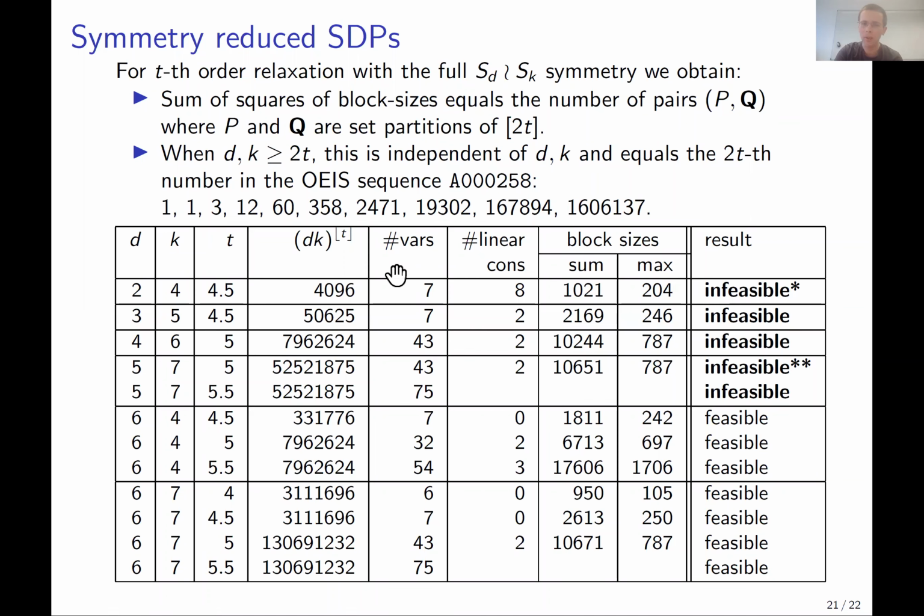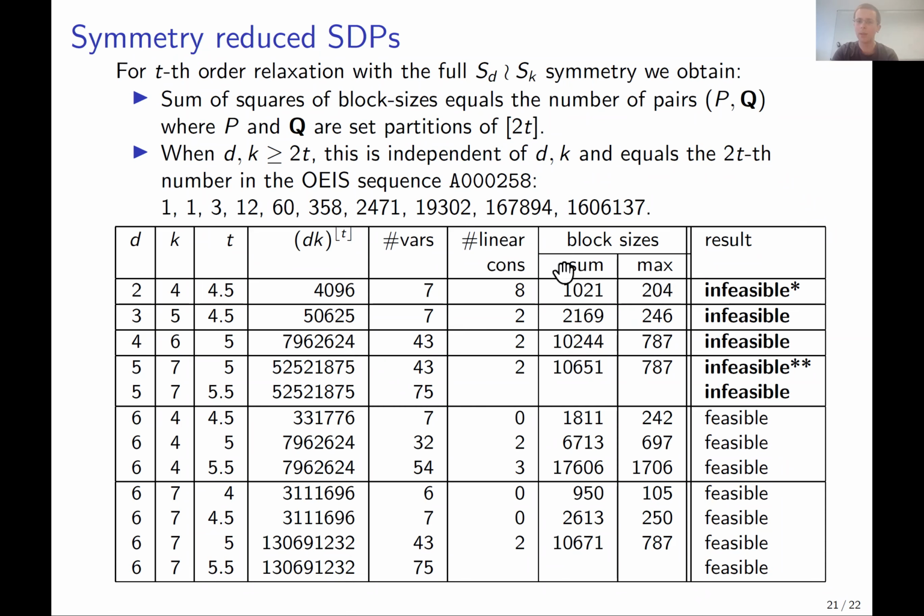This column shows the number of real variables that are left after taking into account the symmetry on the linear functional. You can see that this stays very reasonable even for the largest levels that we've been able to compute. Then these 2 columns indicate the size of the SDP that we end up with.